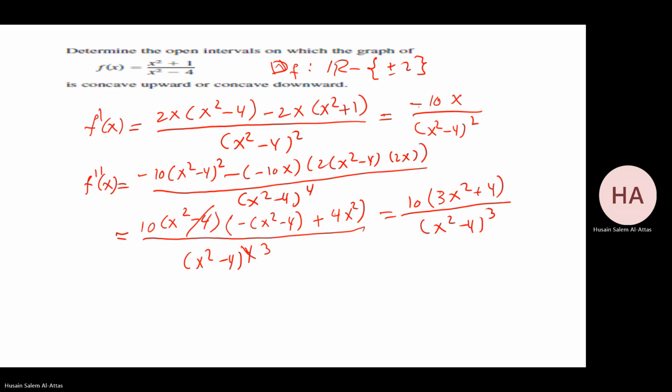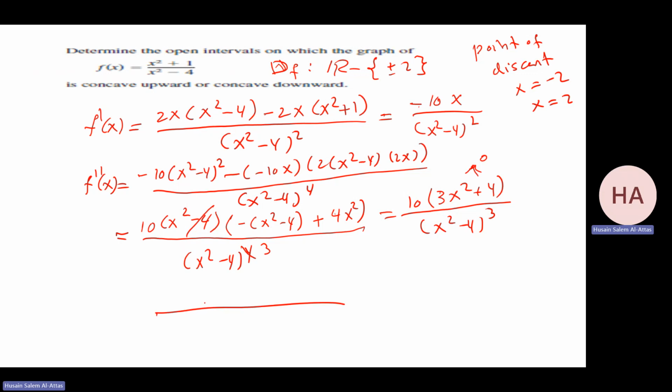Okay. Now I have points of discontinuity, which are x equal minus 2, x equal 2. So here, f double prime equal to 0 will give me nothing, because this is always positive. So I have nothing if f double prime equals 0. So what I will do, I have only minus 2 and 2.